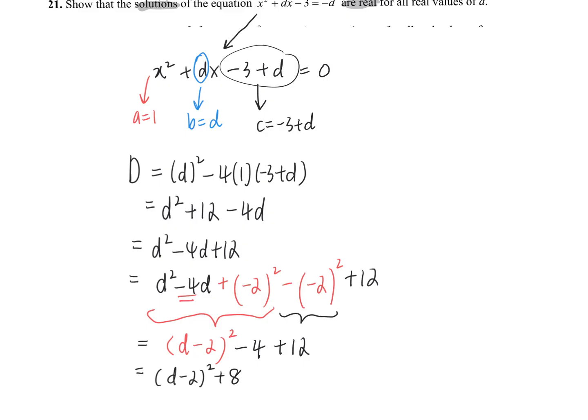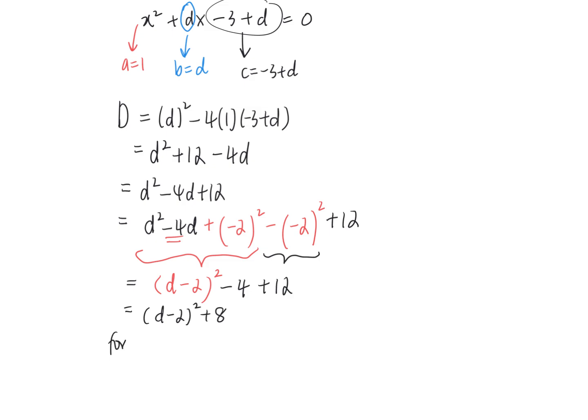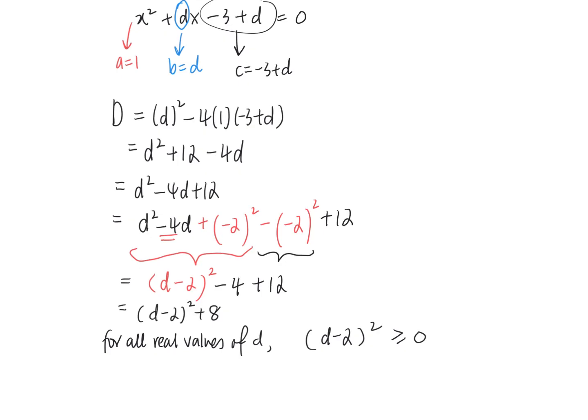Okay, so it's same old thing again. Bring in your best friend: for all real values of D, we know that any bracket square is always greater or equal to 0. So copy down. Okay, I hope you start seeing a pattern already. It's always the same thing. Then we want to link it here. So we plus 8 on both sides.